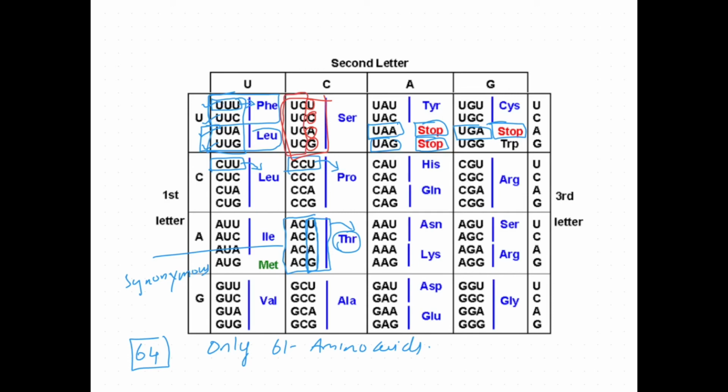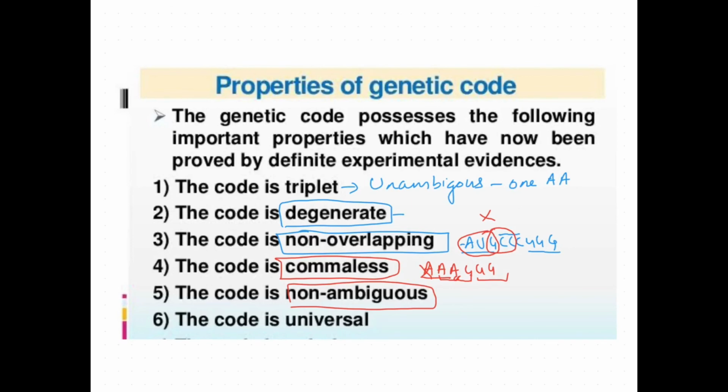Between the codons which are specifying the same amino acid, the first 2 bases are very strict, and the third one does not have much importance. That is known as third base degeneracy. We can also write this as third base degeneracy.